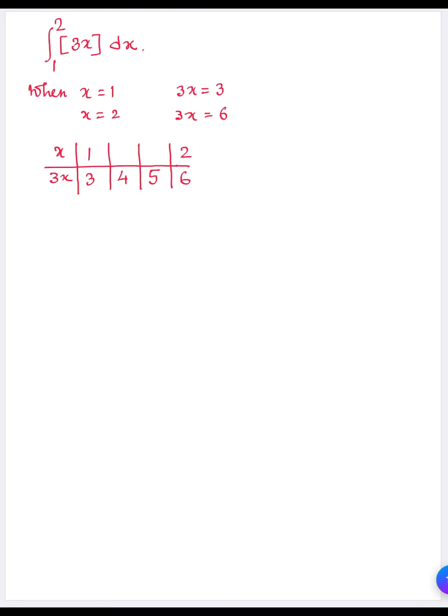Now we have to find the values of x when 3x equals 4 and 5. When 3x equals 4, x equals 4 by 3. Again, when 3x equals 5, x equals 5 by 3.